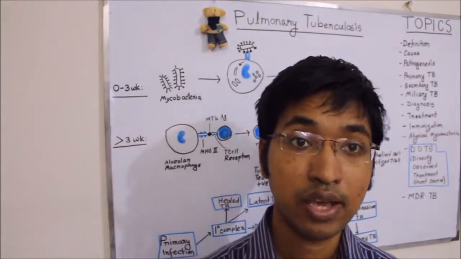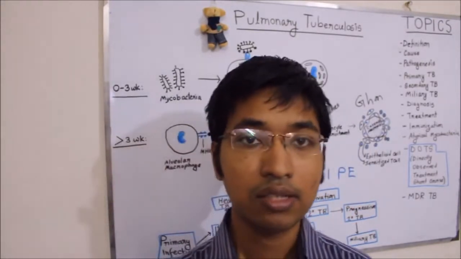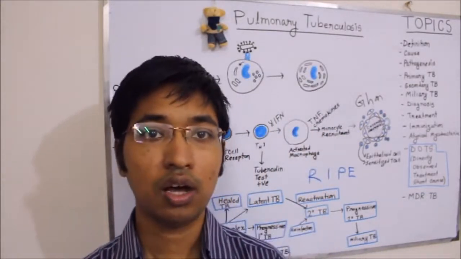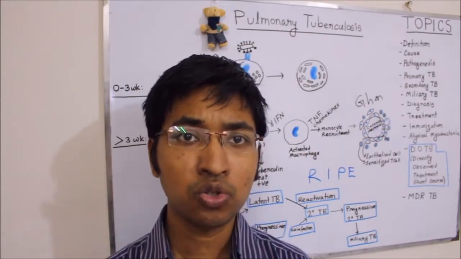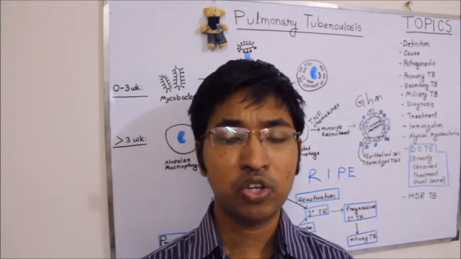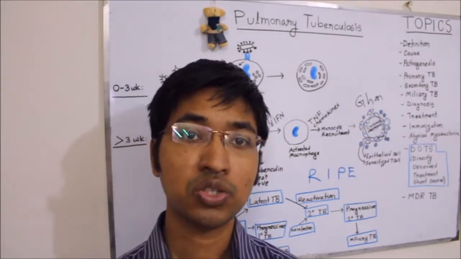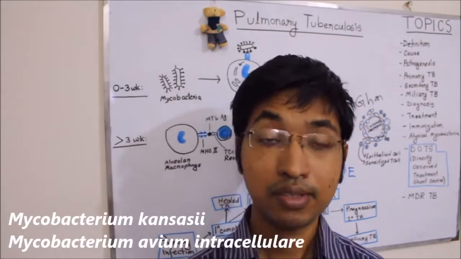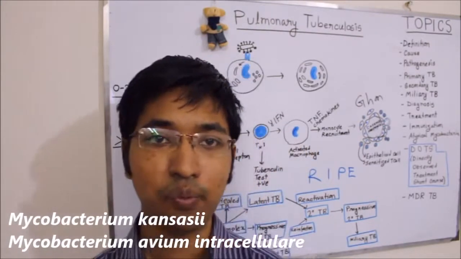So sometimes atypical mycobacterium can cause pulmonary disease as well, and this is particularly true in case of immunocompromised individuals. And among those atypical mycobacteria that can cause pulmonary disease, the important ones are Mycobacterium kansasii and Mycobacterium avium intracellulare. So also keep those two names in your mind.